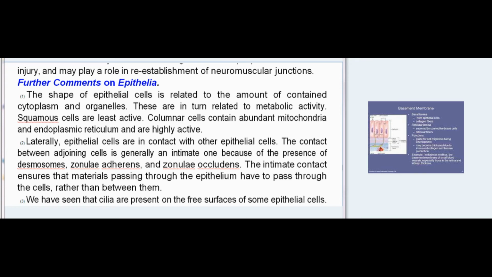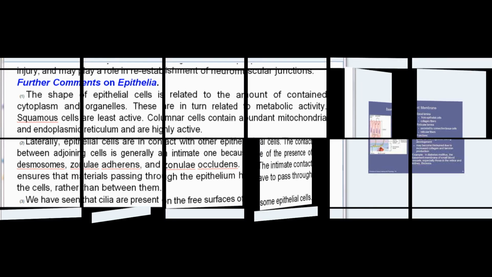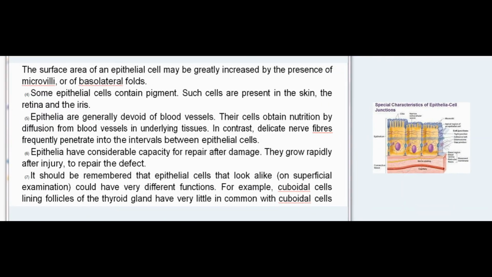The contact between adjoining cells is generally an intimate one because of the presence of desmosomes, zonulae adherentes, and zonulae occludentes. The intimate contact ensures that materials passing through the epithelium have to pass through the cells, rather than between them. 3. We have seen that cilia are present on the free surfaces of some epithelial cells. The surface area of an epithelial cell may be greatly increased by the presence of microvilli, or of basolateral folds.